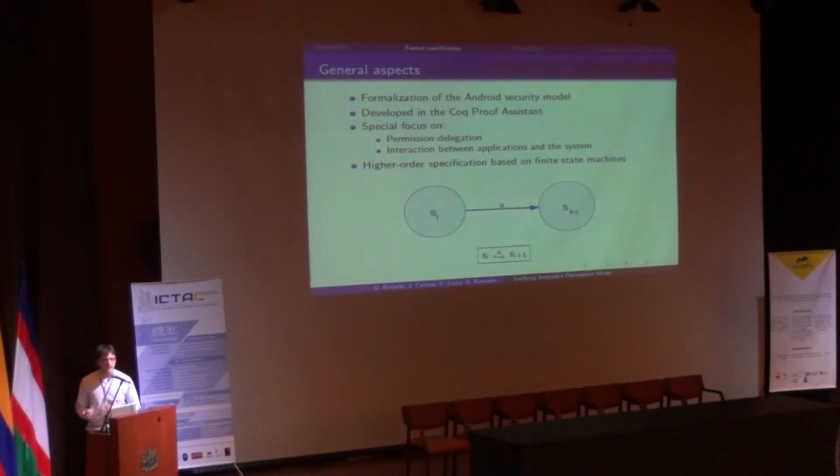The other aspects we represented in our model are the actions that make the system change from one state to another. This is represented using the one-step execution relation, which involves two states, the origin and target state, and the action that provoked the state change.